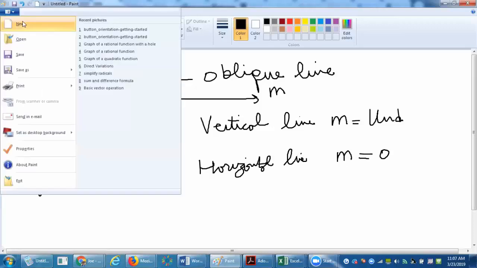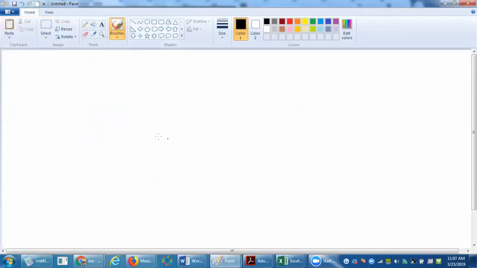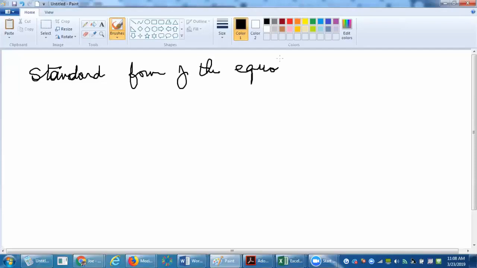The other thing that we need to learn in this test 2 material is what we call the standard form of the equation of a line. And it's written in this format: ax plus by equals c.